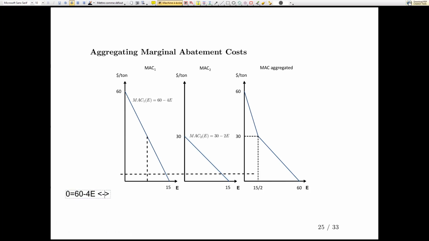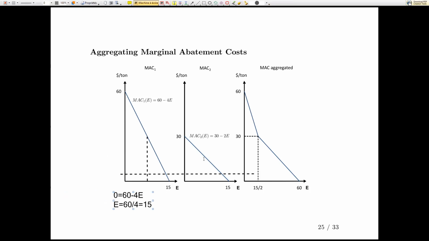So 4e equals 60. So E equals 60 divided by 4. Oh yeah, that's 60 divided by 4. So that's 15. Right, so that's for this one.